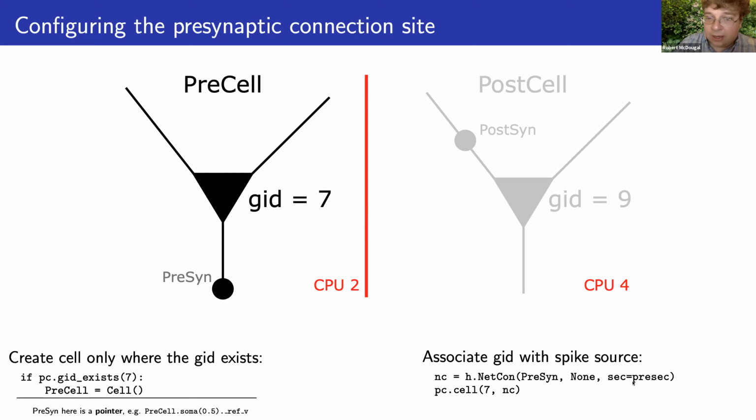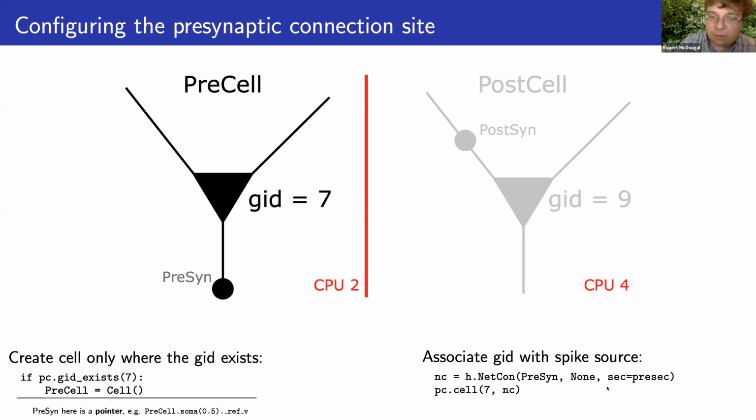And then we're going to need to give the section. And then where does it go? It goes nowhere. This is exactly the type of netcon that we would use if we wanted to record spike events, that is with netcon.record.